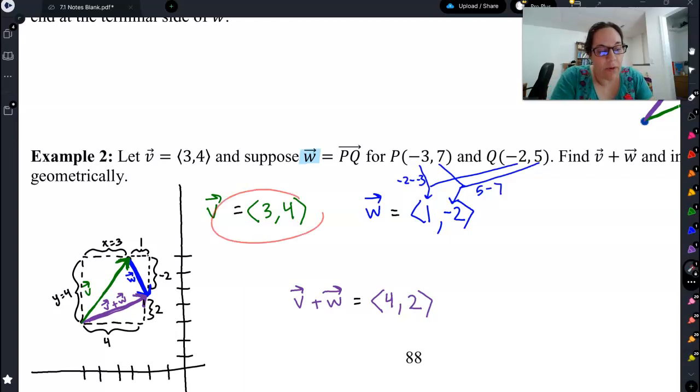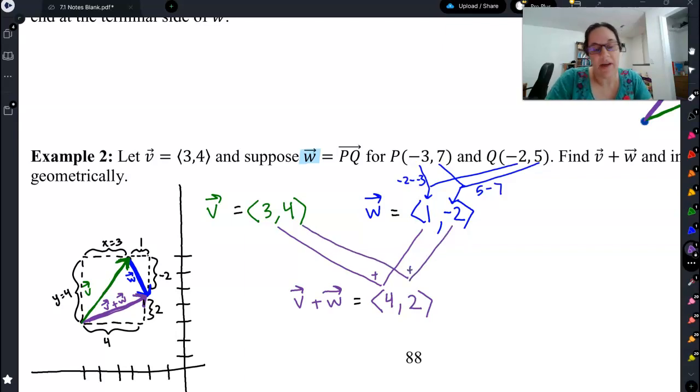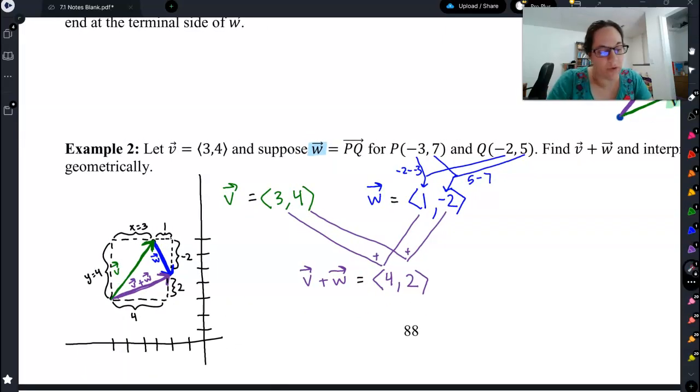Now that I have the component form of V and the component form of W, we can see how we get V plus W. If I take the X components and add them together, that gives me the X component. And if I take my Y components and add them together, that gives me my Y component. So yes, there is a much shorter way than just drawing this.